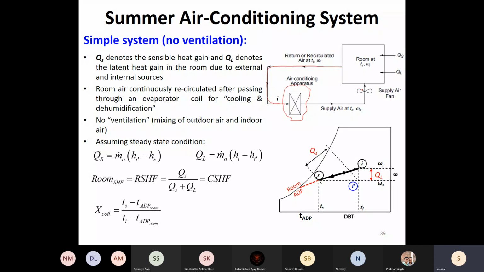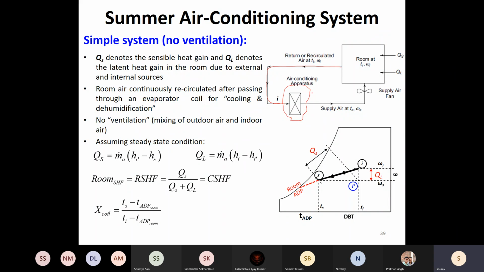So what we discussed was, in order to appropriately draw the process line at steady state, all these calculations which we are doing are at steady state. But you know that in reality, our systems do not operate at steady state, and hence we have done that cold storage experiment in our lab.